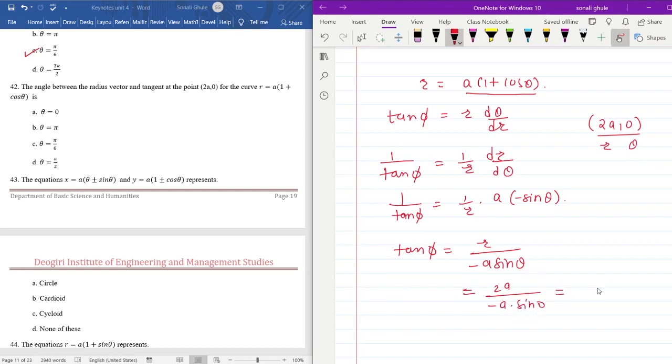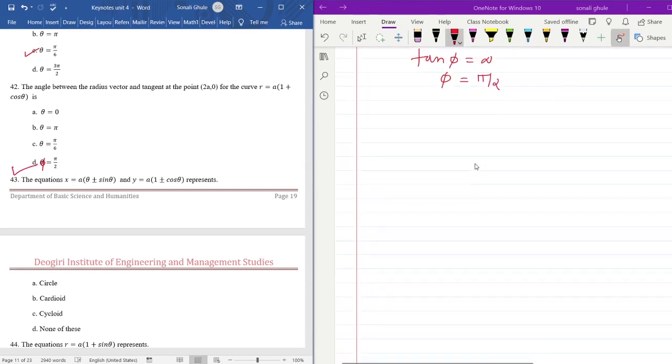Sin 0 is 0, so if the denominator is 0, this value becomes infinity. And when tan phi is infinity, phi is equal to pi by 2. For the angle, this is actually not theta, it must be phi here. So your option D is the correct option. This is how we are going to solve the example.